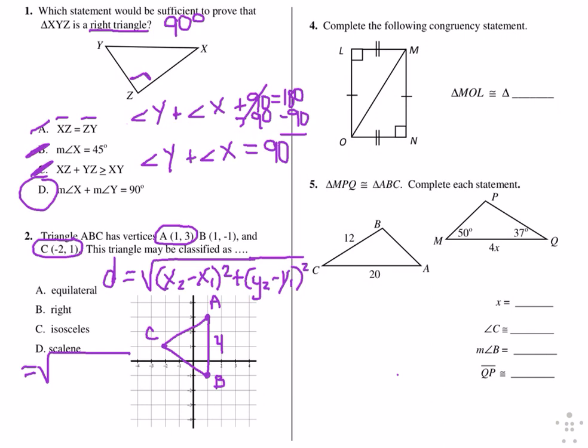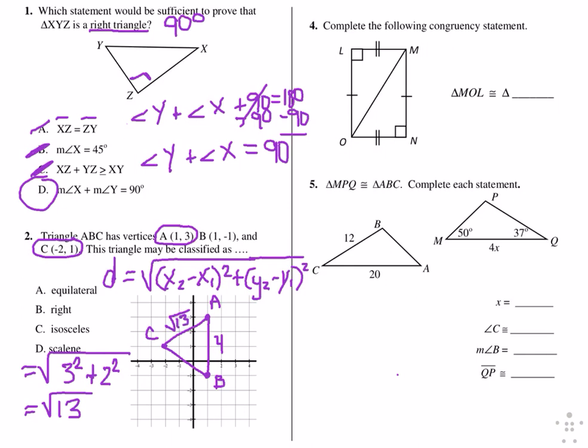So 1 plus 2 is 3, so that's 3 squared, plus the difference in the y's. 3 minus 1 is 2, so that would be 2 squared. Then 3 squared is 9, plus 2 squared, which is 4, so 9 plus 4 is 13. So the distance between A and C is the square root of 13.